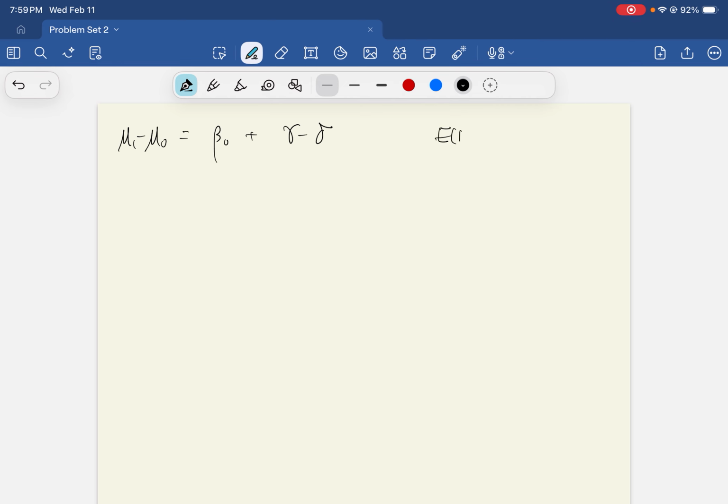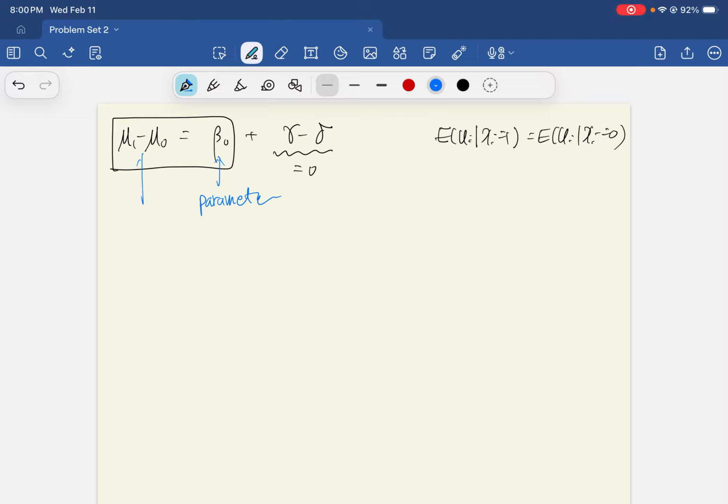But if you assume the expectation of u given x equals 1 equals that given x equals 0, that is, they are the same, that means gamma minus delta is 0, right? So you identify beta using the difference, okay? So this is your parameter, and the left-hand side is your estimand. But they are different, okay? How different are they, right?